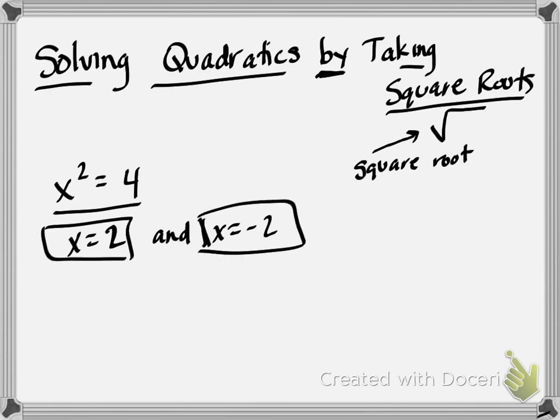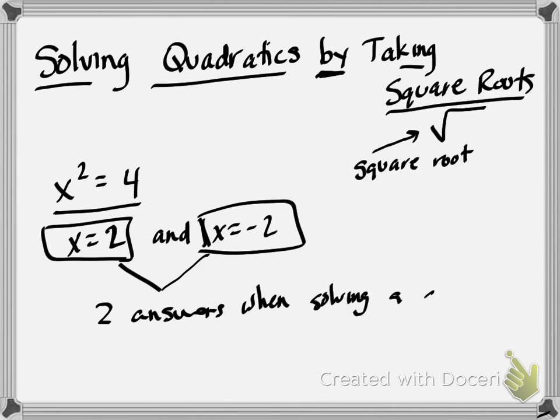Now, if you got to a situation where you couldn't figure it out using mental math, whether you use mental math or a calculator, you just have to make sure you get both answers. There's two answers when you solve a quadratic. And remember that a quadratic is a problem that has x squared in it.